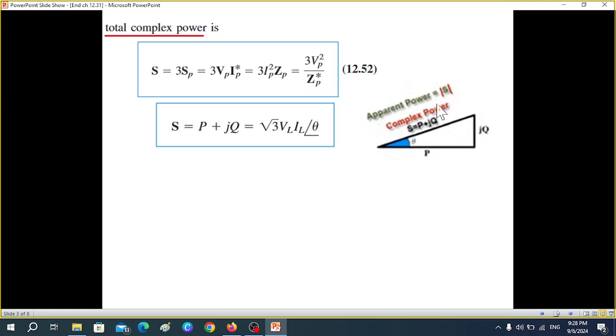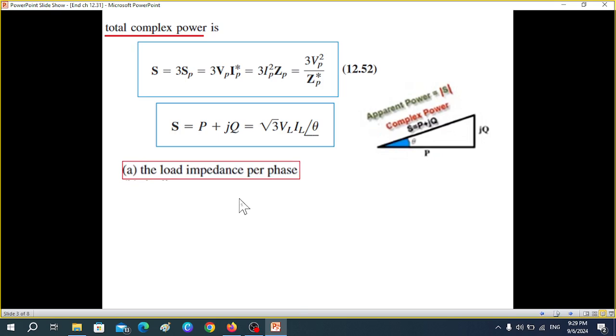And if we just consider the magnitude, then it is called apparent power. This is just for your knowledge. We'll not be using it here. And this can also be written in terms of root 3 VL IL and the angle between, the impedance angle, or the angle between voltage and current, theta.